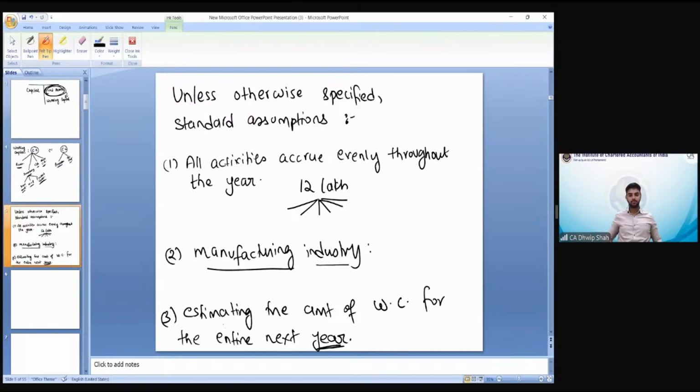Second assumption, we would be estimating the working capital needs for manufacturing industry. Third, our calculation would be for the entire 1 year, not for 3 months, not for 4 months, not for 5 months, but for the entire 1 year. Okay?